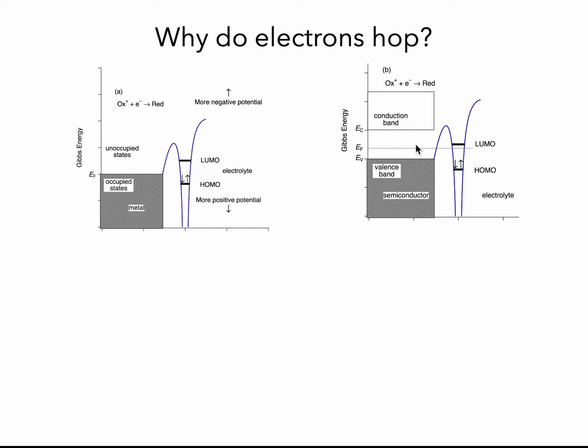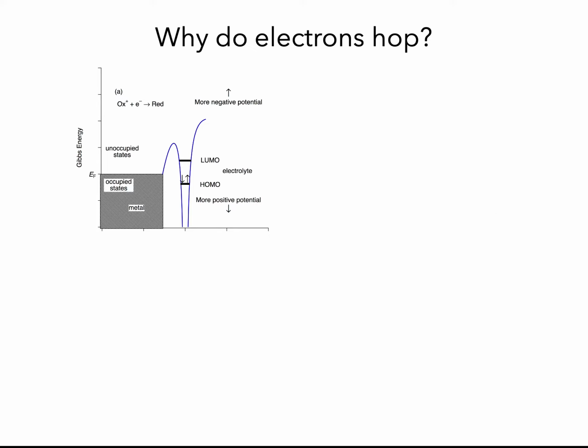There aren't any electrons at the Fermi energy in an ideal semiconductor. So electron transfer out of the semiconductor can occur at the top of the valence band, or electron transfer into the semiconductor can occur at the bottom of the conduction band. But let's concentrate on the metal.